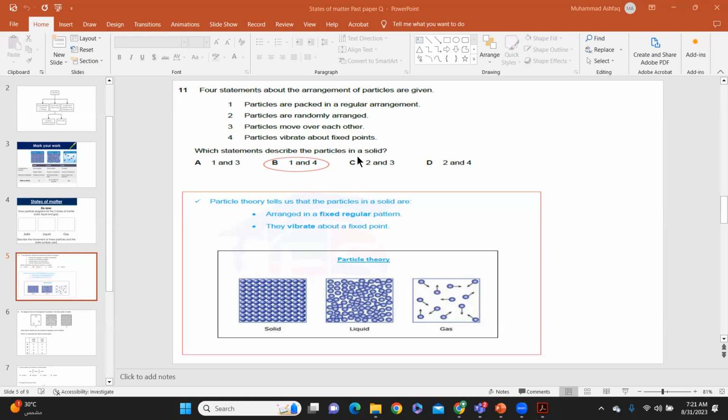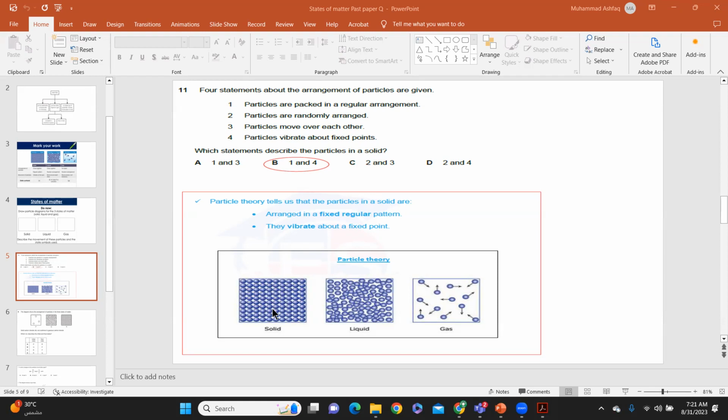Which statements can best explain the solid state of matter? Here we know that it is number 1 and number 4. The reason is here: particles are arranged in a fixed regular pattern, and they vibrate about fixed points. Got it? Understand? This was just an example that I shared with you. Now I'm going to explain the questions one by one.